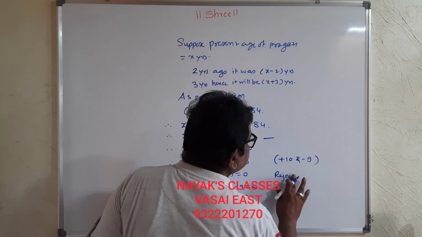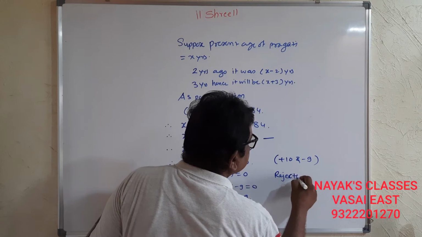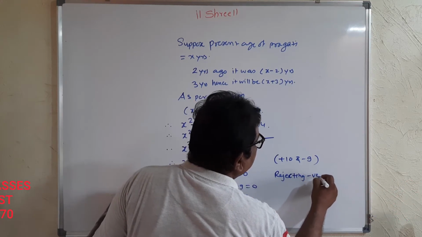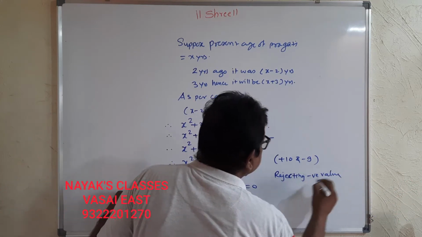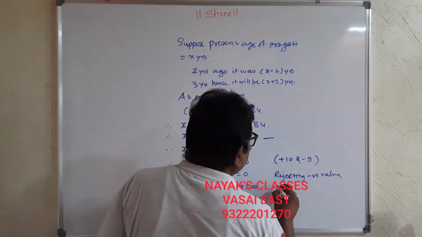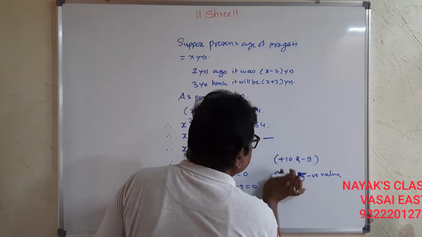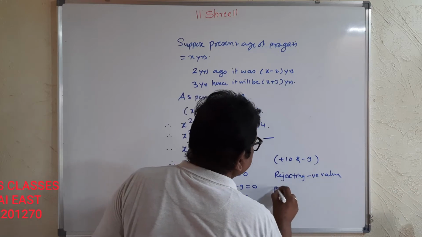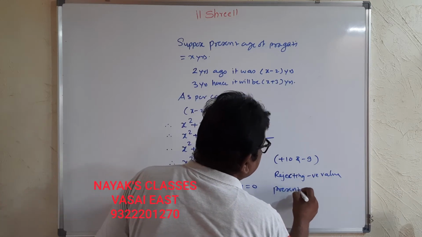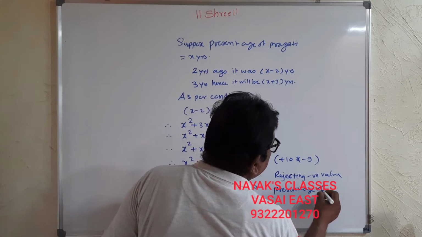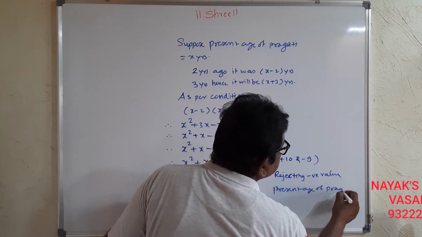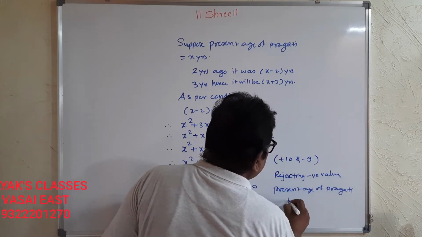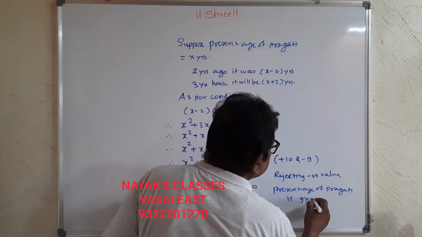Rejecting negative value, the present age of Pragati is 9 years.